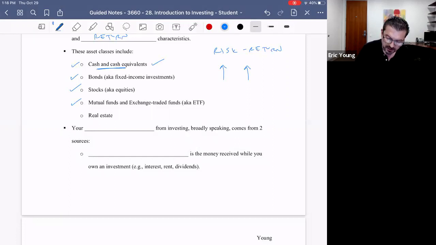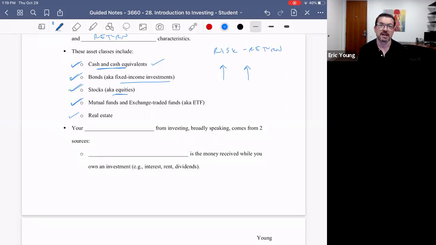So we can consider cash and cash equivalents, bonds, which are also known as fixed income investments, stocks, which are technically called equities, because they represent an ownership stake in the company, and mutual funds and ETFs. All of those are common asset classes that typical investors put their money in. You also have the asset class known as real estate, for example, investing in rental properties. Those are some common ones.